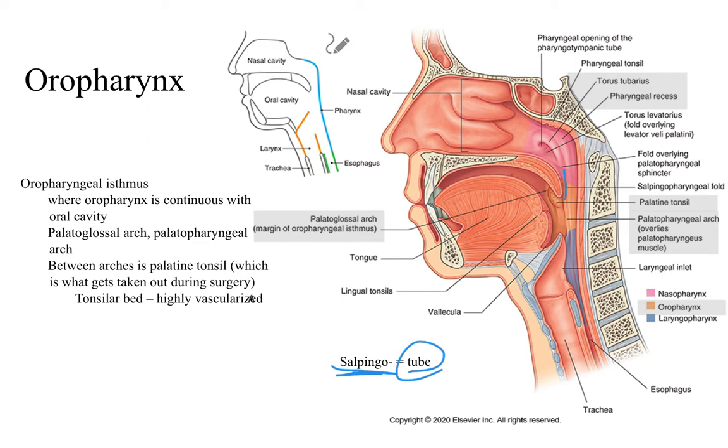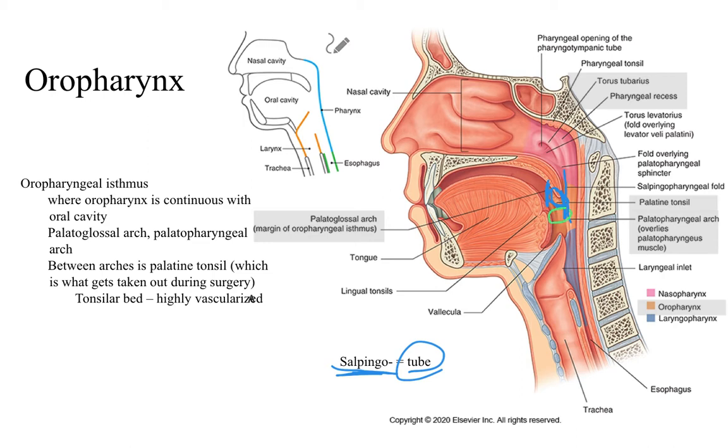So what we see in this picture, here is the palatoglossal arch, and then here would be the palatopharyngeal arch right here, and then of course between them you have the palatine tonsils, and they're going to be on either side, so you're going to have a pair of them.